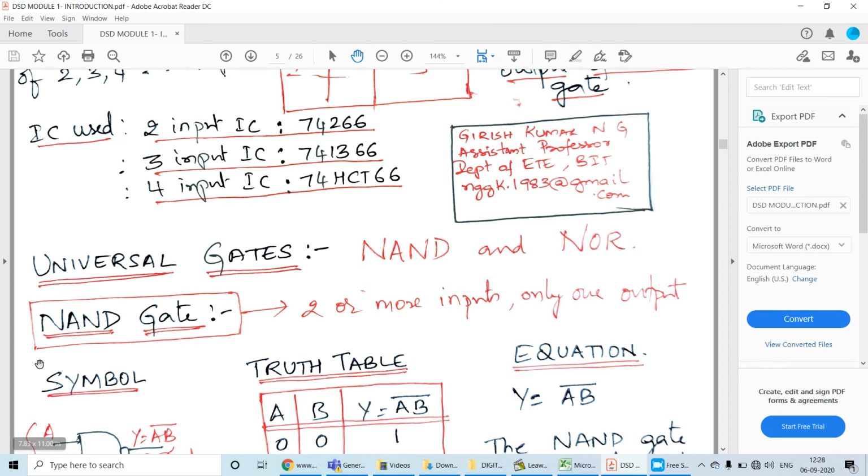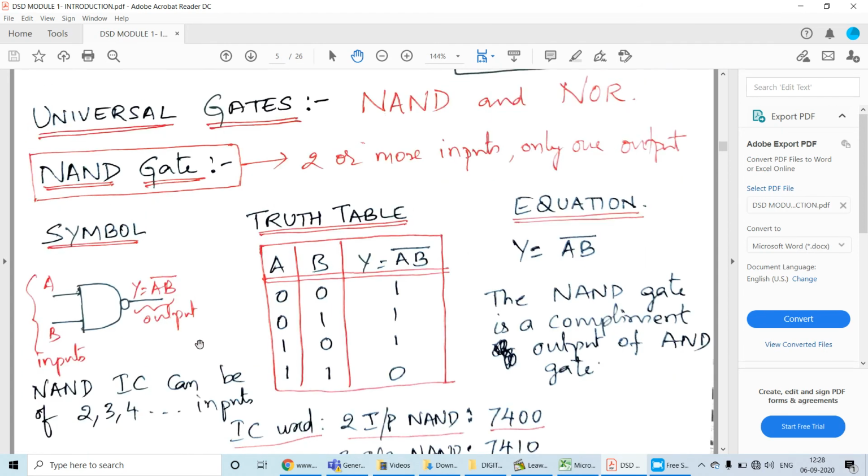Now let us see what is NAND. NAND is the complement of the AND gate. Here we have a bubble. Without the bubble, it is an AND gate. When you add a bubble here, it becomes a NAND gate. Now when you write the truth table, it is the complement of the AND gate, which I told you.